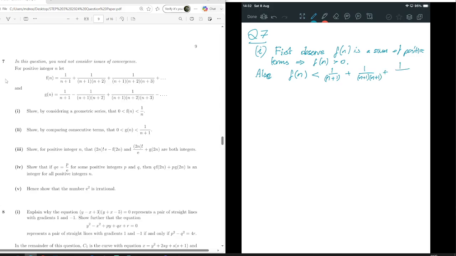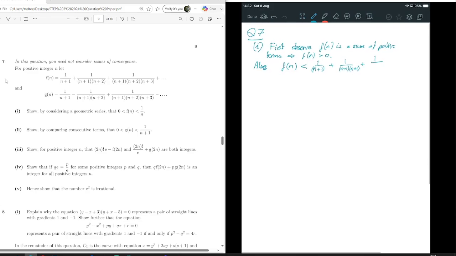The third term I'm going to be even more aggressive and I'm going to make everything into an n plus 1. So in each of these terms I'm making the denominator smaller, so I'm making the sum bigger.